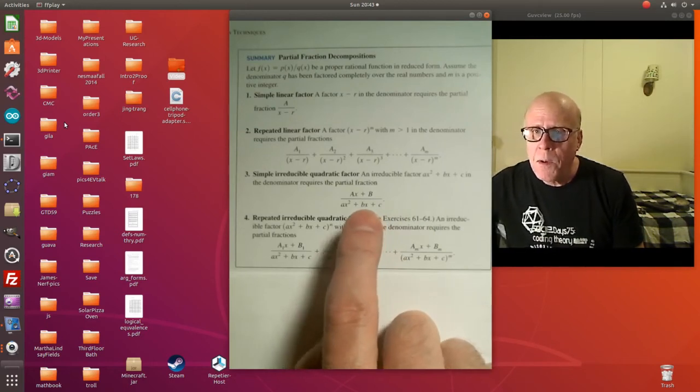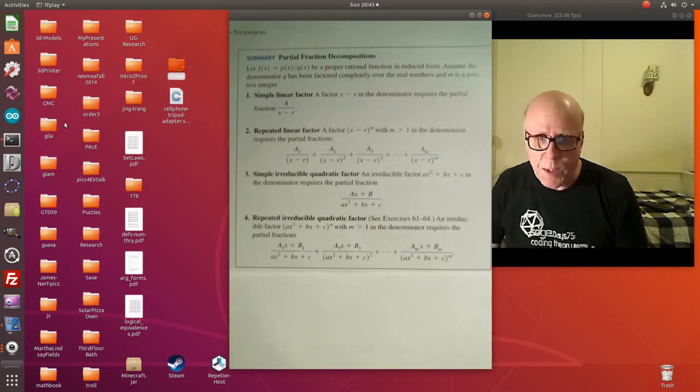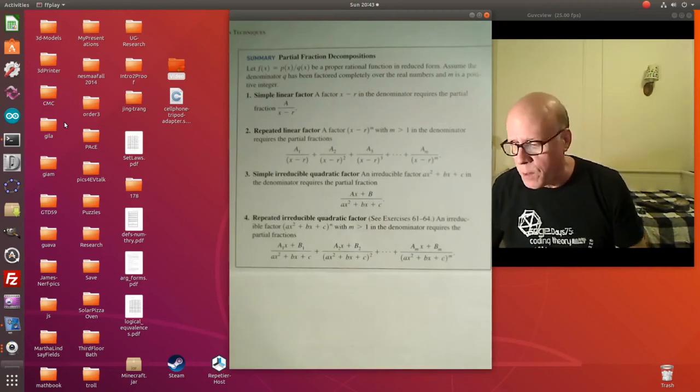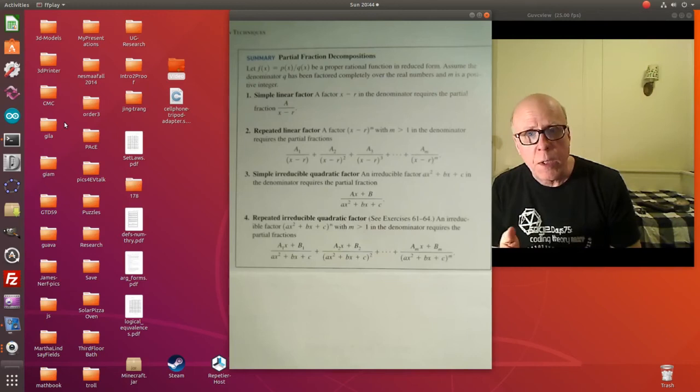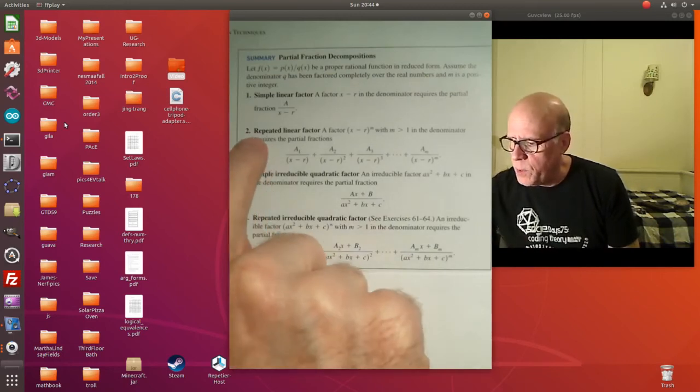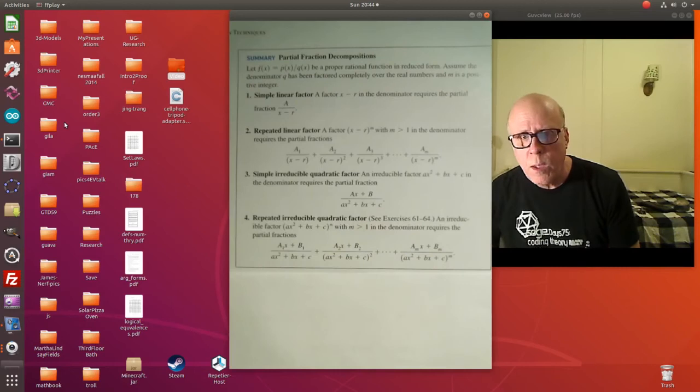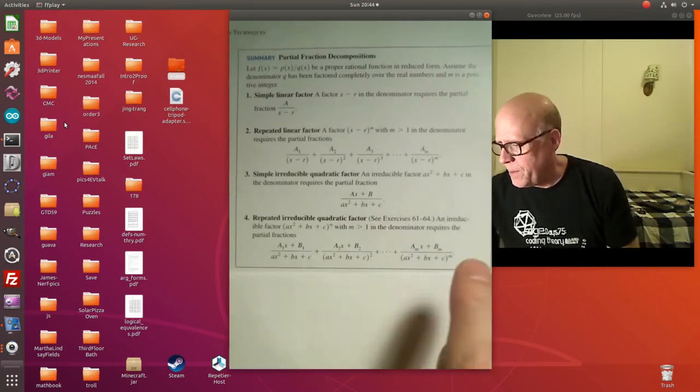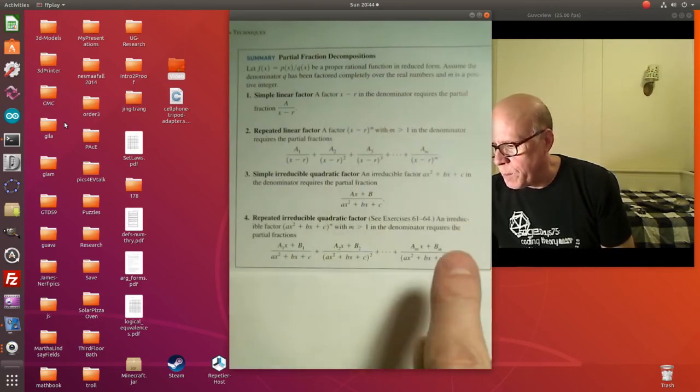The other thing that can go south on us is we may have repeated factors. So you could have the same linear factor multiple times. You could have the same quadratic factor multiple times. And they handle these in two different cases, number 2 and number 4. A repeated linear factor, well, they're presuming it went m times. That'd be pretty huge.